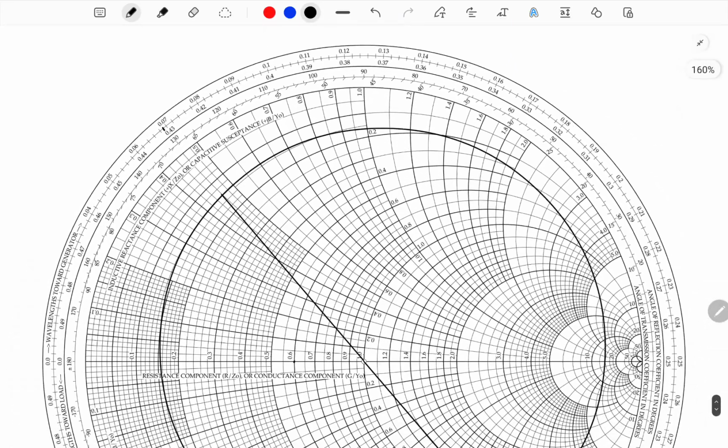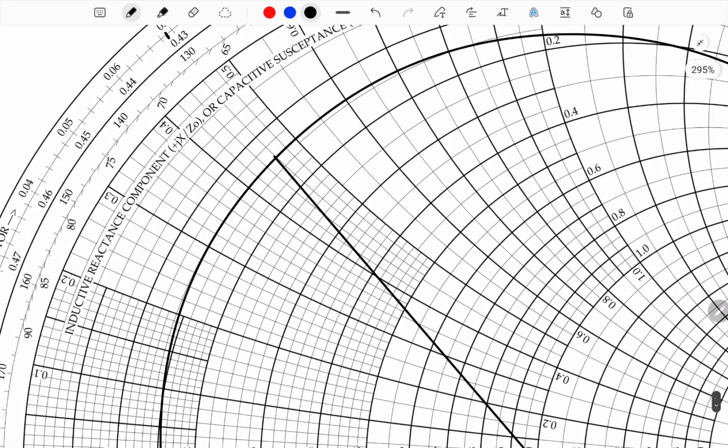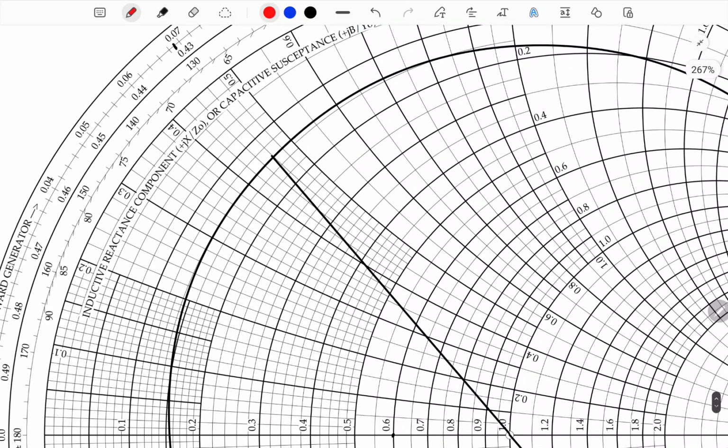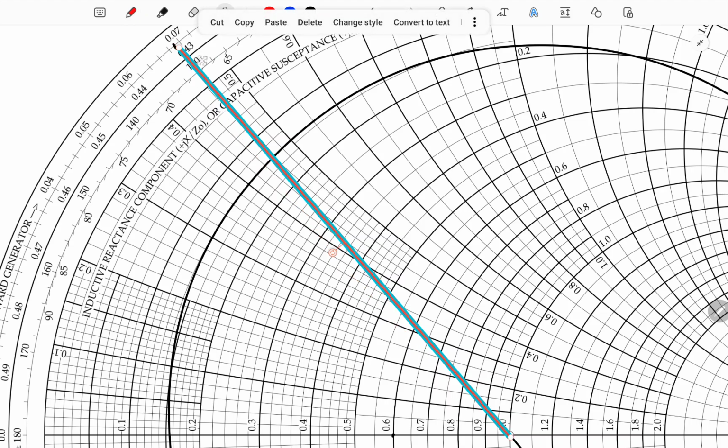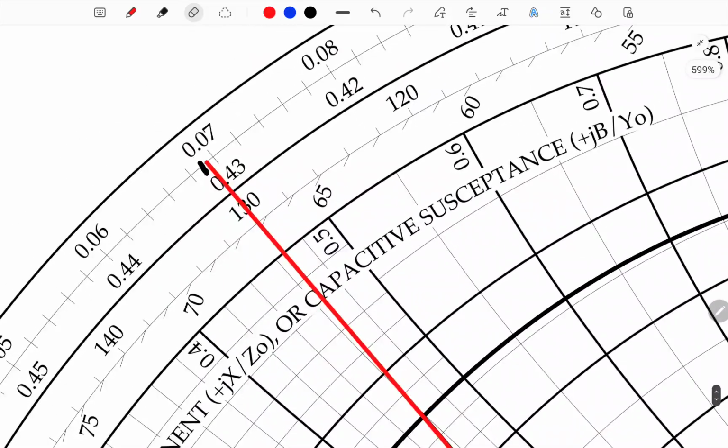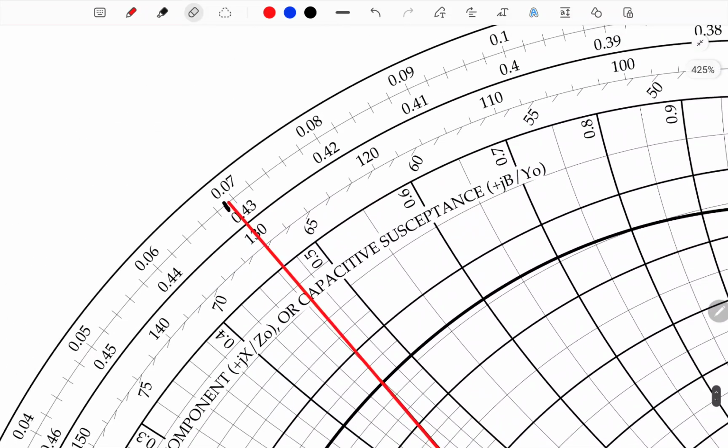Now I draw a new line from the center all the way here. It's close enough.